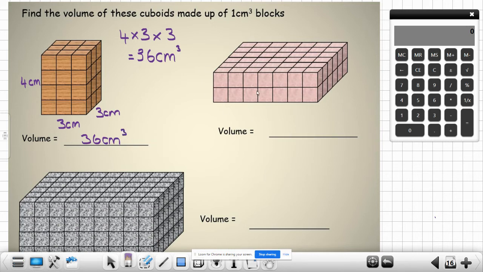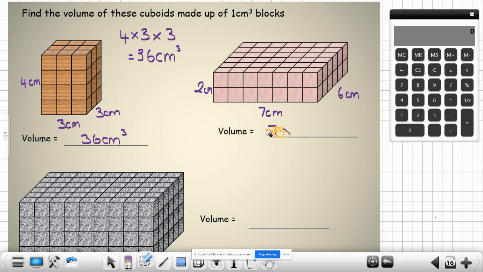Okay, let's have a look at this next one. So here we've got a height of 2 centimetres. Across, we've got 7. And going back, we've got 6. Let's write it.